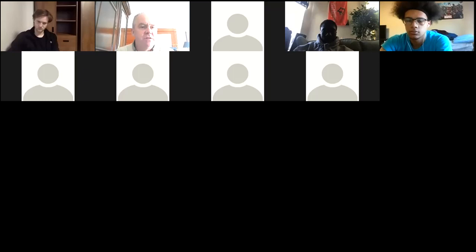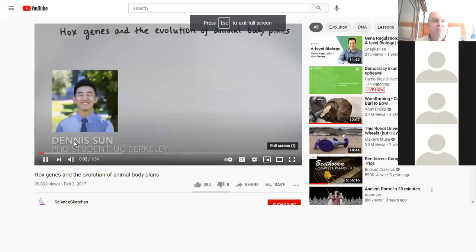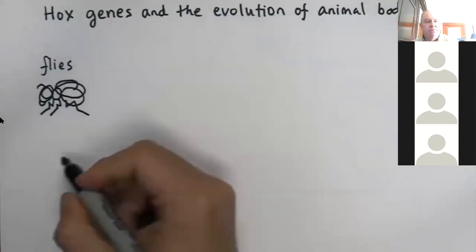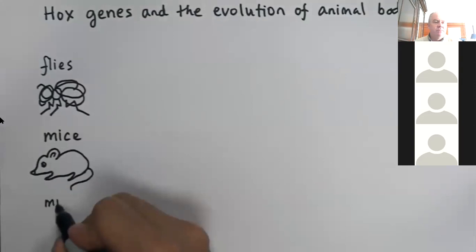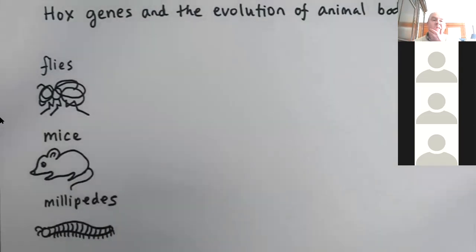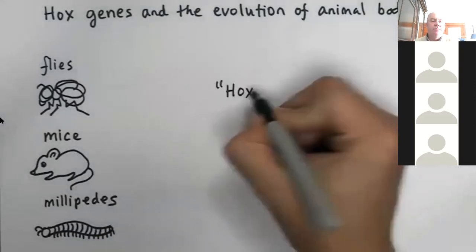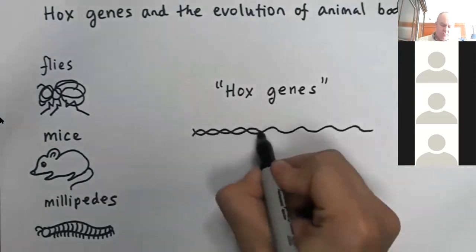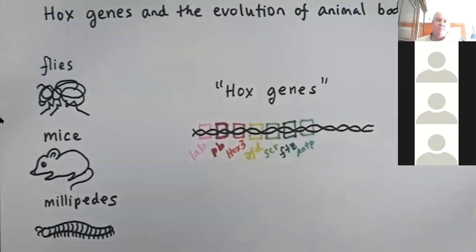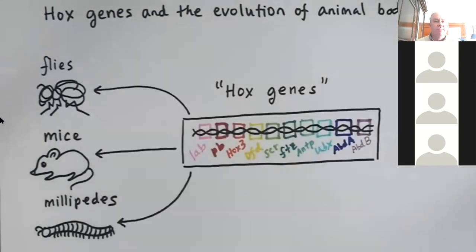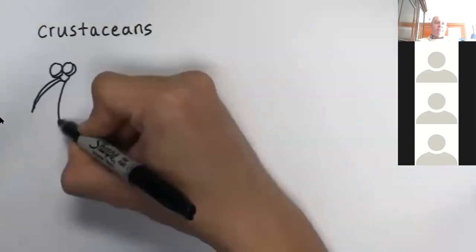Animal body plans. Animals have a variety of body plans. Flies have 6 legs, mice have 4, and millipedes have many. Scientists have proposed that changes in a group of similar genes called the Hox genes have created the diverse animal body plans we have today. To test this hypothesis, our lab is focused on crustaceans.